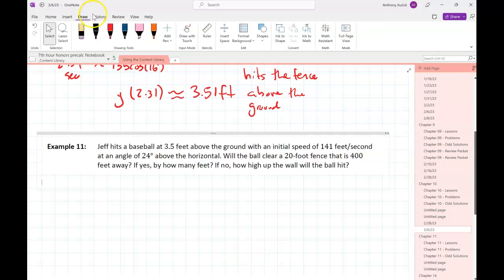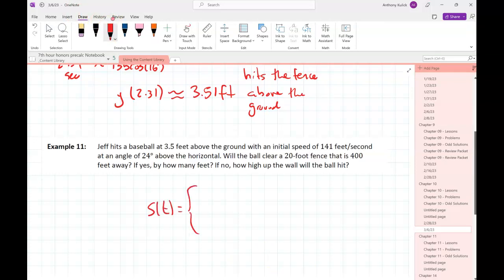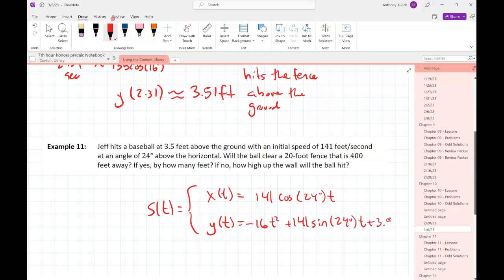Well, let's start by writing our position equation. Same setup as before because it's really asking the same question. So 141 cosine 24t, negative 16t squared plus 141 sine 24t plus 3.5.